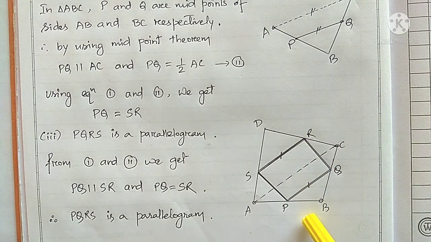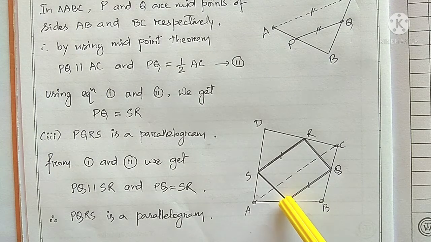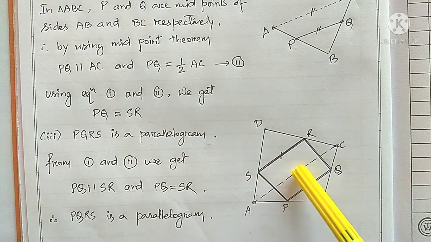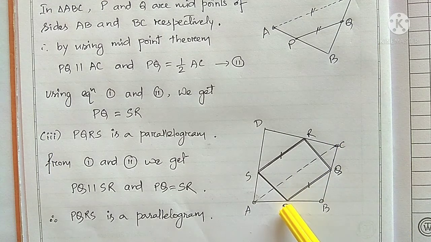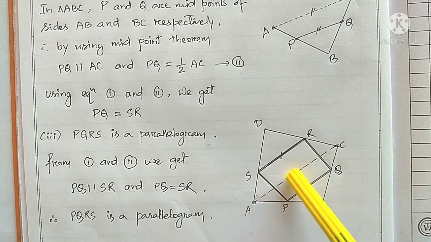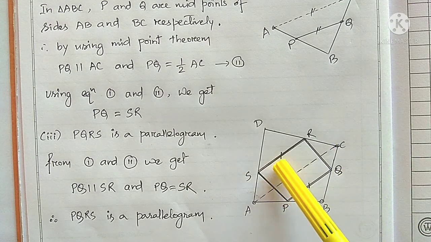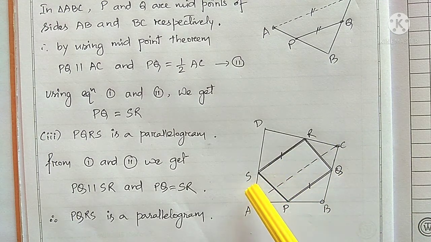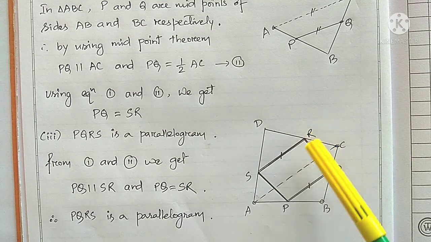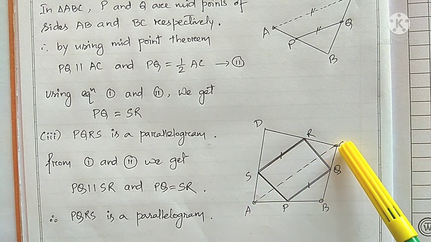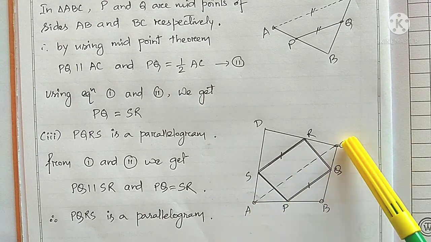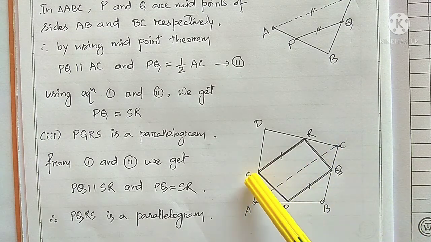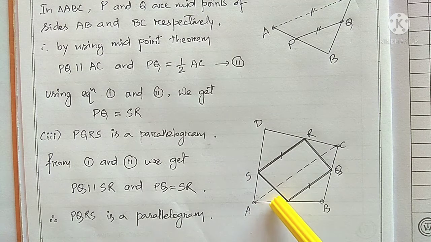Now one more thing, PQ is parallel to AC, already we proved this one. So similarly SR is parallel to AC. This one also we proved. If PQ is parallel to AC as well as AC is parallel to SR, from here what can we say?